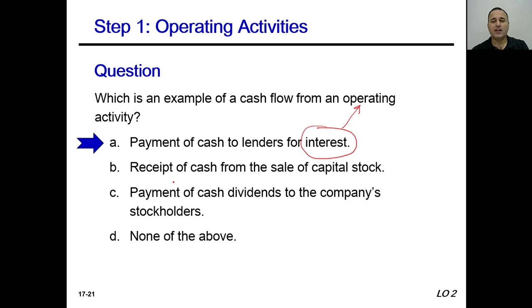And of course, part of the balance sheet also belongs to operating activities. Receipt of cash from the sale of stock. This one is not, because capital stock is purely a balance sheet item. Payment of cash dividends to the company's stockholders. Dividend payable is actually a balance sheet item again, and none of the above. So this is actually the correct answer.